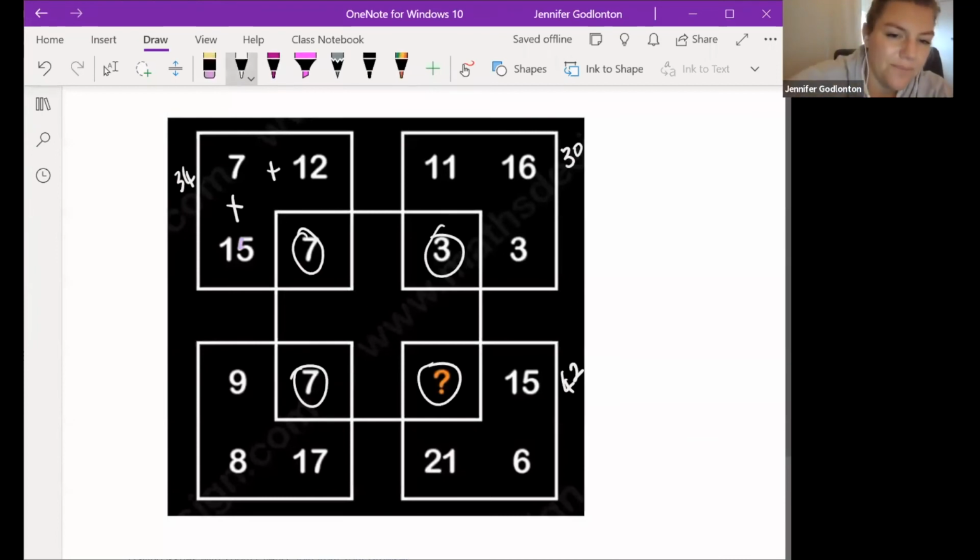Have a look at them. Tell me if you can figure out where those numbers are coming from. That's okay. Try and see if you can find the pattern. So I'm telling you the answer is definitely 6 here.